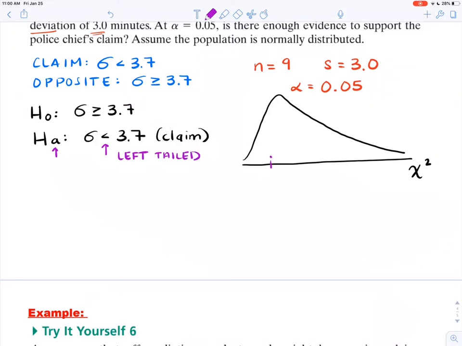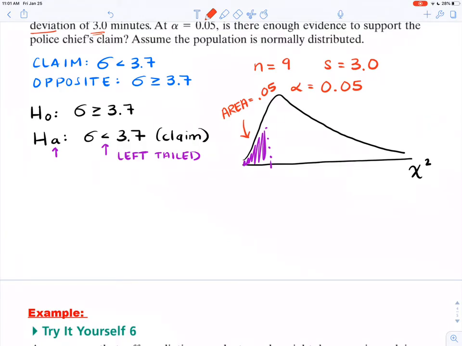So I'm going to shade my rejection region somewhere back here in the left tail of the curve. And we know that the level of significance will give us the area of that shaded rejection region.